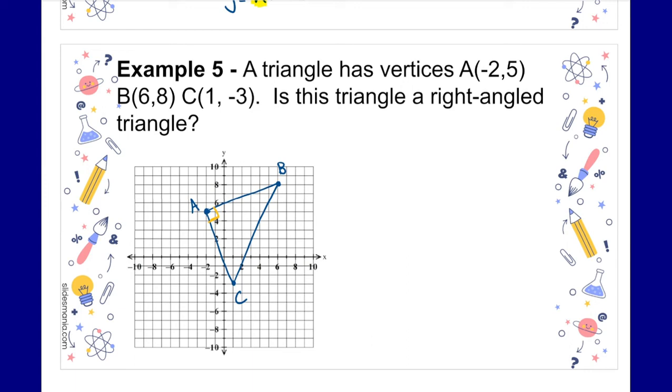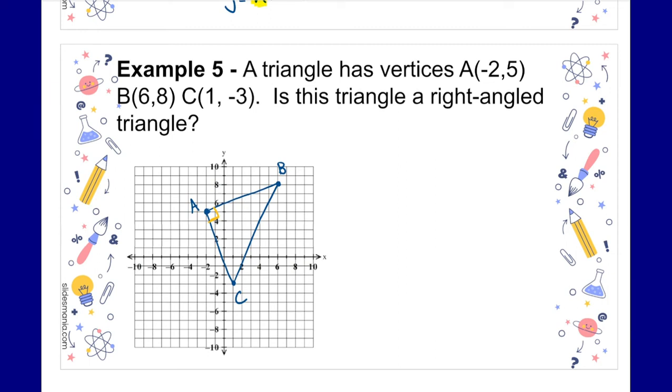I could make a good guess that it looks very close, or it could be, but I could be wrong. So how do we check? Well, the fact that I drew in a right angle there should be a hint.